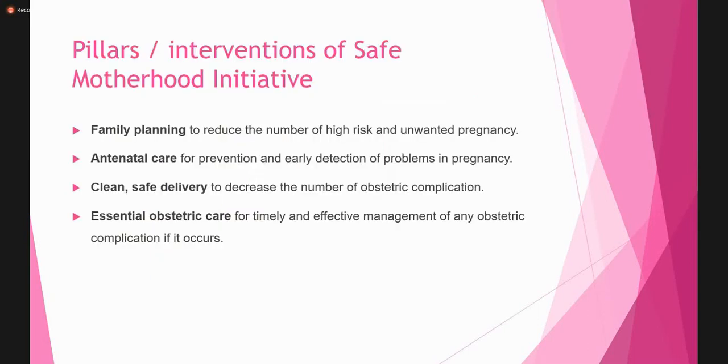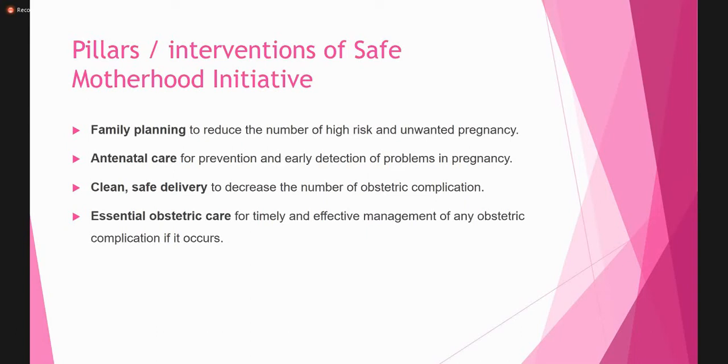Pillars and interventions of Safe Motherhood Initiative. The main pillars were family planning to reduce the number of high risk and unwanted pregnancies. So the WHO definition of family planning is that family planning allows individuals and couples to anticipate and attain their desired number of children and spacing and timing of their birth. It is achieved through use of contraceptive methods and treatment of involuntary fertility.